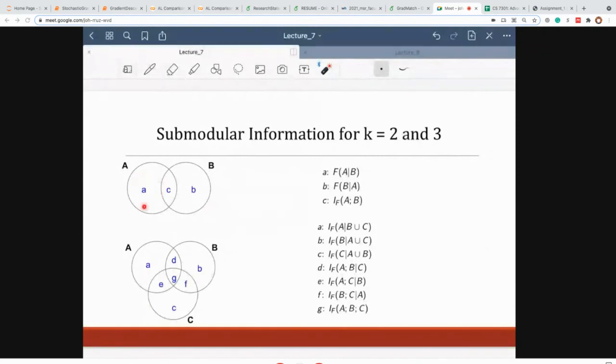This region A, which I'm marking over here in this Venn diagram, is actually the f of A given B, right? This region is the f of A comma B, right, which is this. This is this, right? And the other one is this, right?